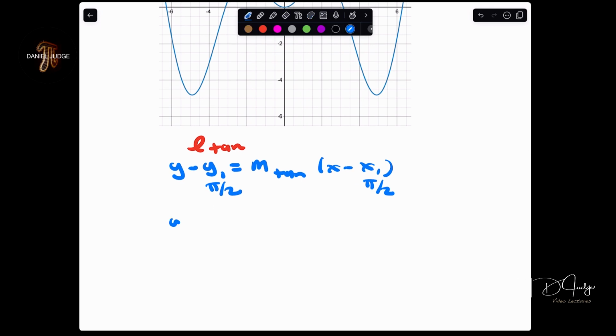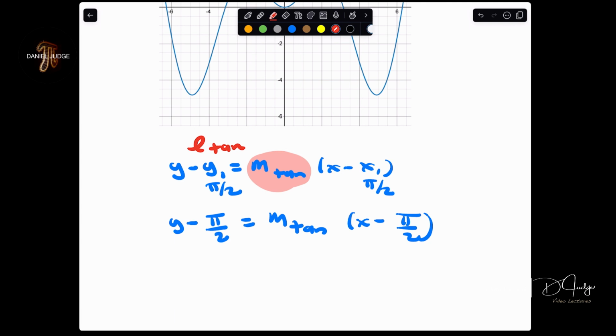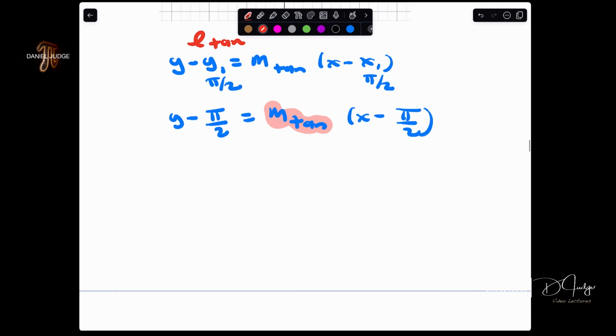And we really have y minus pi over 2 is m tangent x minus pi over 2 because those 2 points, x1 and y1, are the same. So, ladies and gentlemen, we need m tangent again.